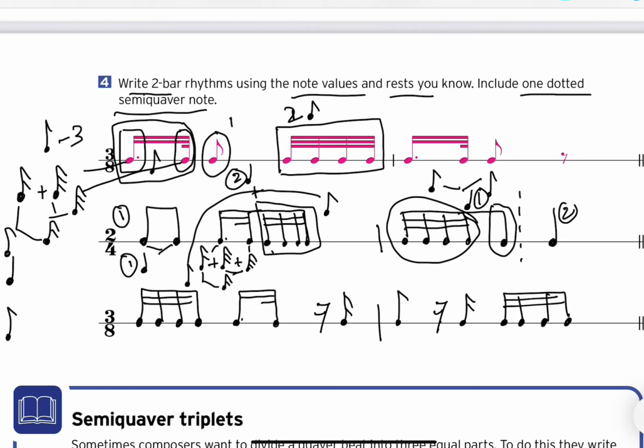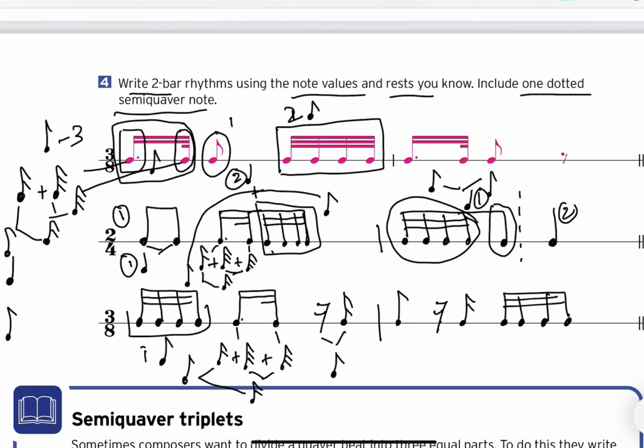Okay, so now if you see, these four are equal to one quaver. Now this is one semiquaver plus demi-semiquaver. This is demi-semiquaver. So these two make semiquaver, and then these two are equal to one quaver, and these two are equal to one quaver.